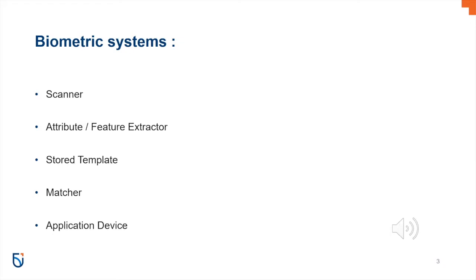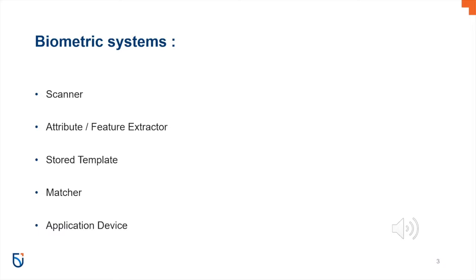Stored templates are usually a database that stores pre-acquired feature sets, called templates, usually during the user's enrollment. These templates are queried by the matcher module to find a match for the given feature. Each of the parts is vulnerable to some type of attack, which I'll explain in the further slides.